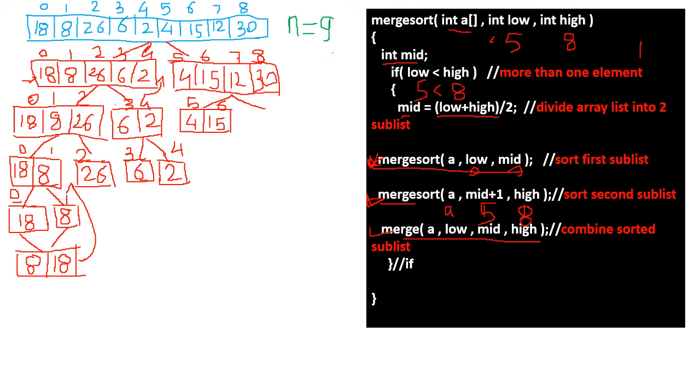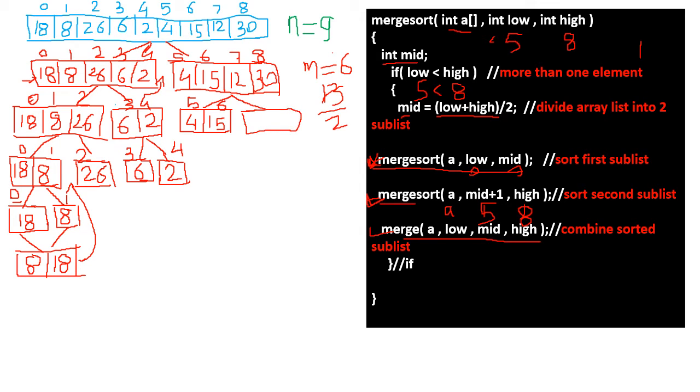Low plus high divided by 2, means 5 plus 8, that is 13, divided by 2, which is 6. Sorry, the midpoint is 6. Means we again have two sublists, 5 and 6, and another sublist, 7 and 8.